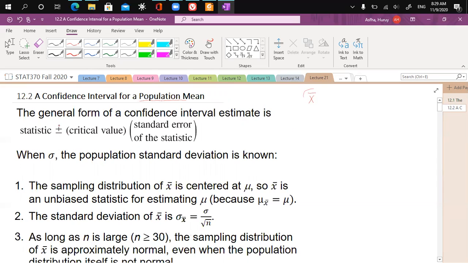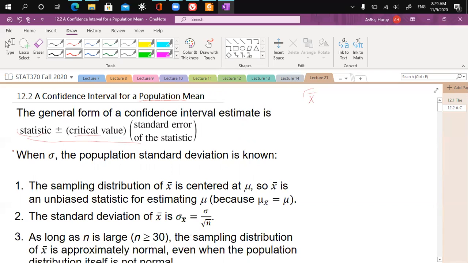As we remember, the general form of the confidence interval estimate is the statistic plus or minus the critical value times the standard error of the statistic.